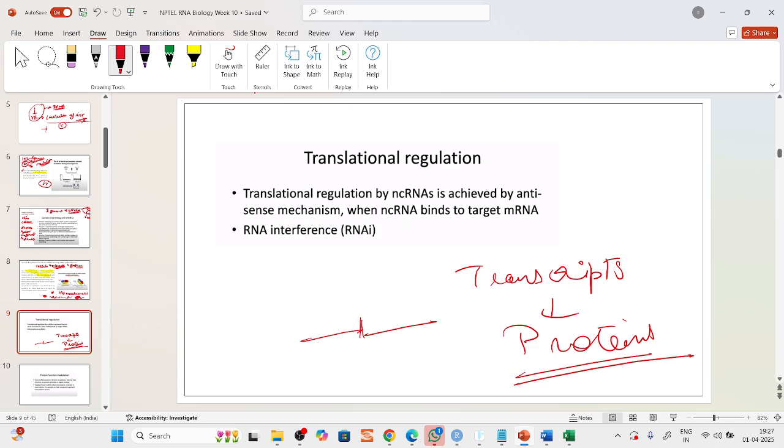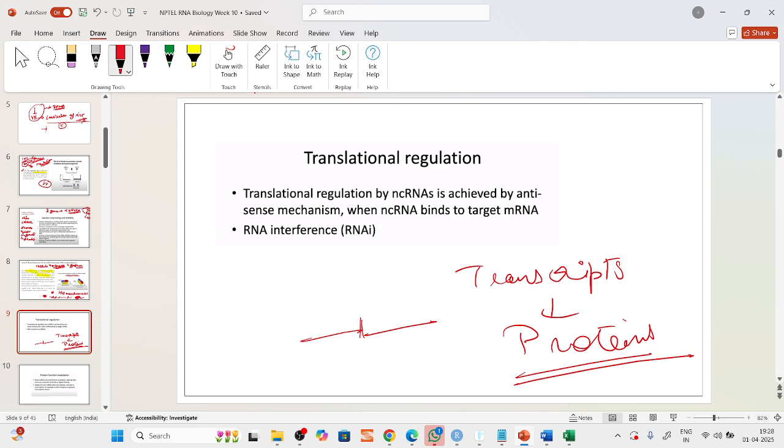So what happens for translation levels? We have non-coding RNA, and we have the phenomenon of RNA interference. Why are we studying all this? These are the different ways by which dosage compensation can be performed. While studying the flow of it, we should not forget why we are studying it.